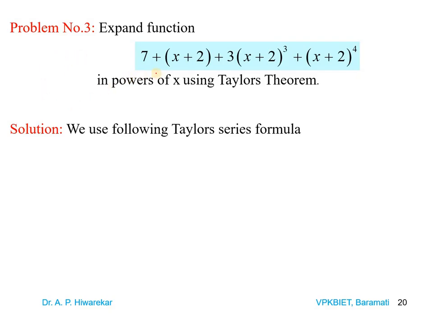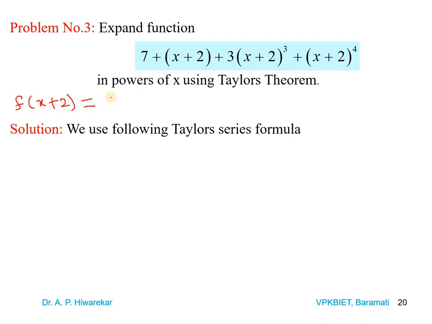So what we have is an expansion of a function which is expressed in the form of f of x plus 2. Then how do you write f of x plus 2 in terms of x?